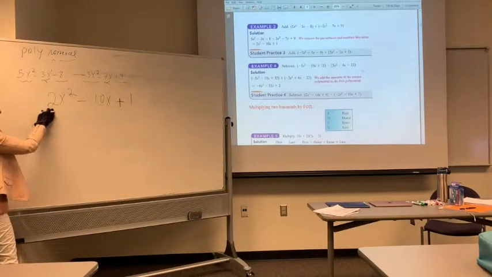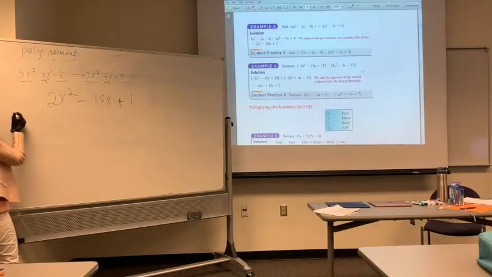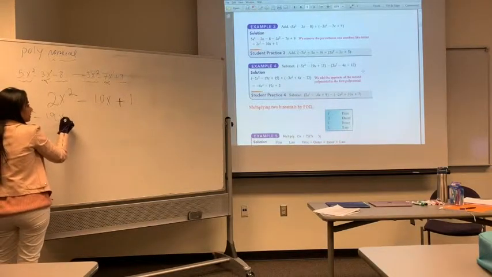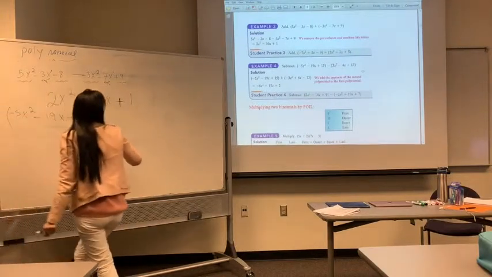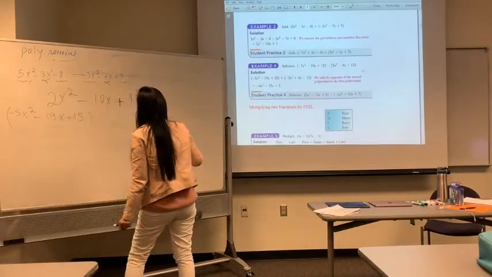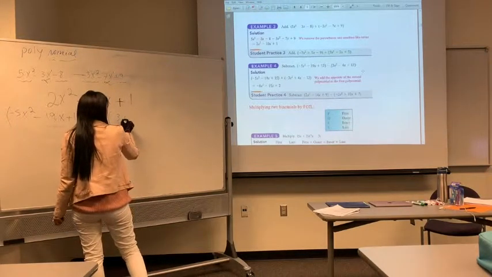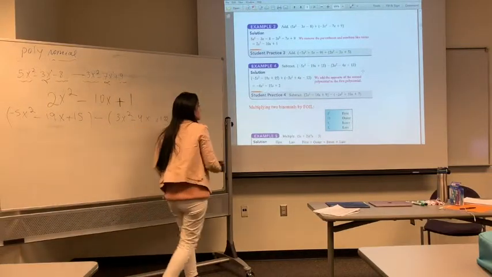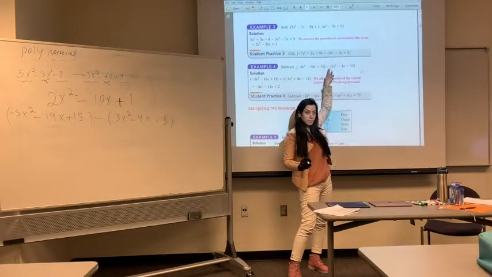So why don't we continue? Because we don't have any like terms to combine. So now we have negative 5x squared minus 19x plus 15. And here the parenthesis is important because it tells us this negative sign belongs to each of these terms inside the parenthesis.